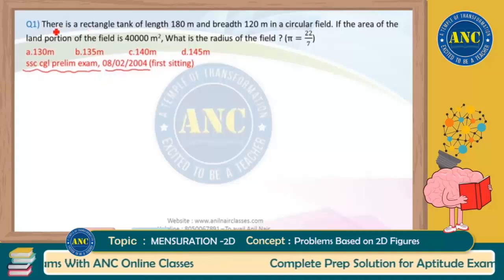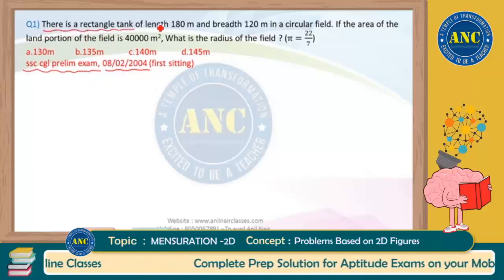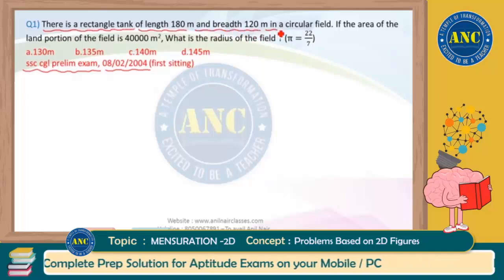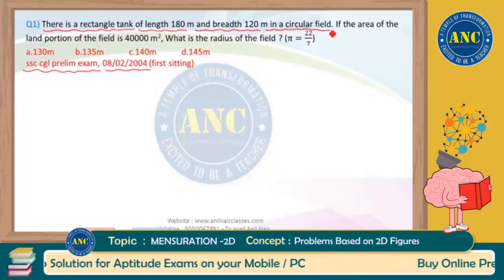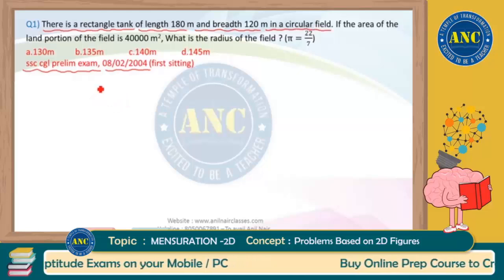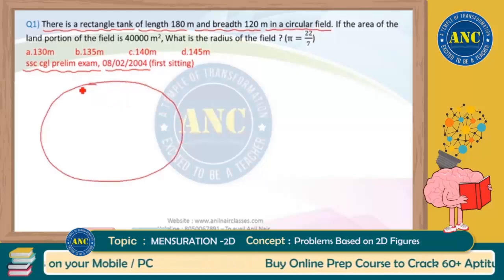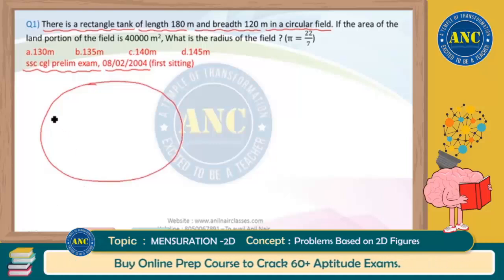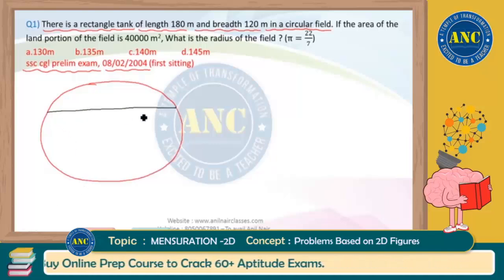Your question is, there is a rectangular tank of length 180 meters and breadth 120 meters in a circular field. That means I have a circular field like this, and the diagram is not drawn to scale. Inside that circular field I have a rectangular tank.